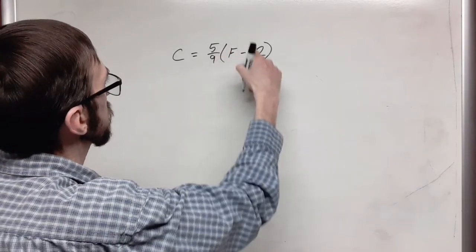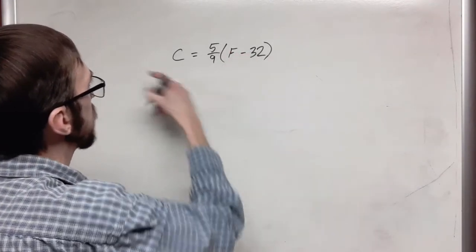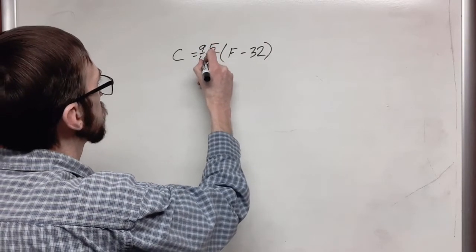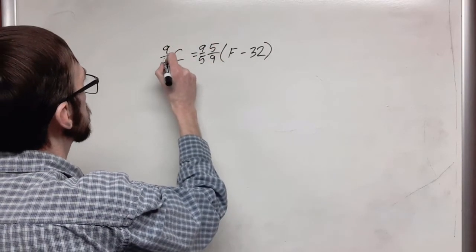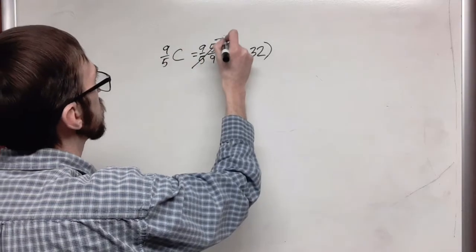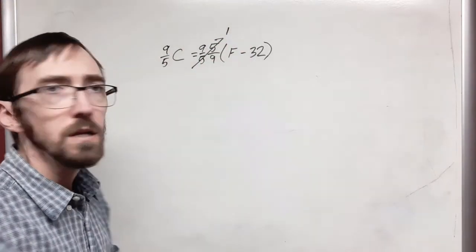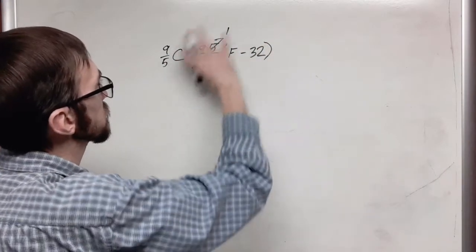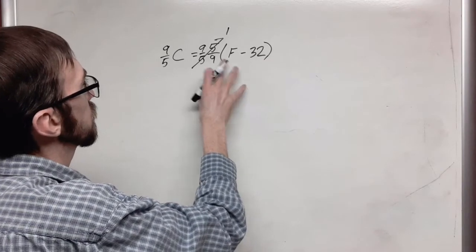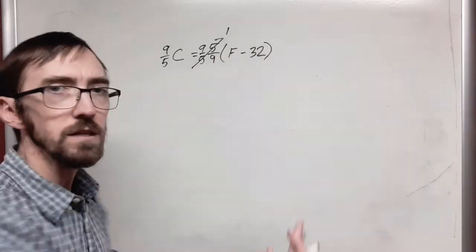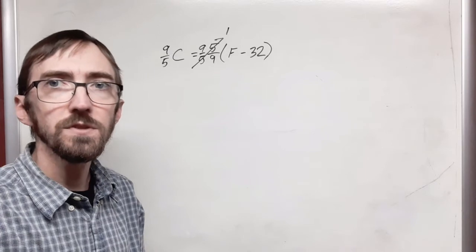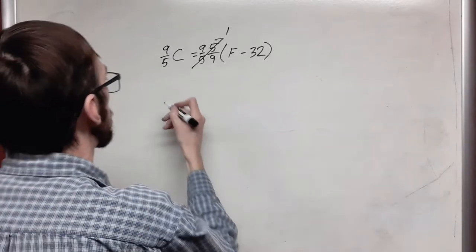So the first thing we're going to do is multiply both sides by the reciprocal of the fraction. And that's going to eliminate that fraction. It goes to 1. And 1 times this is going to be itself. So we've taken care of that. There's nothing to simplify in the parentheses. So the parentheses at this point essentially go away.